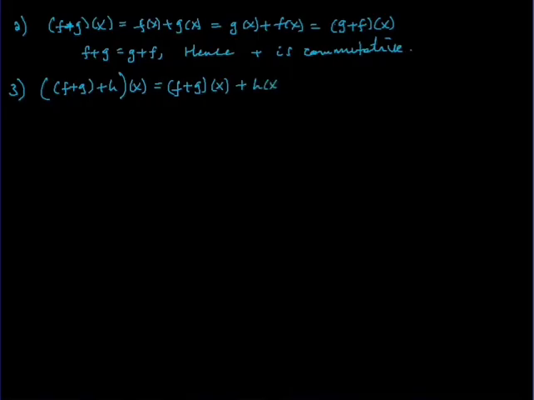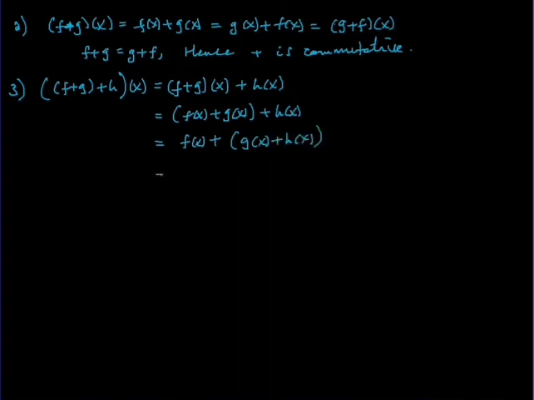In other words, this can be written as f of x plus g of x, plus h of x, which can be written as f of x plus (g of x plus h of x). This is (f plus (g plus h)) at x.